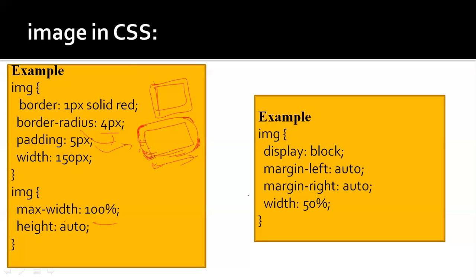An image display block means the image will be displayed in the form of a block. Margin left and right set to auto means the image will appear at the center of the web page. And width is 50%, meaning the width will be 50% of the web page width.